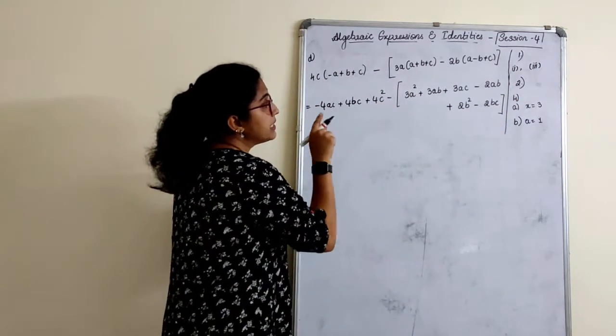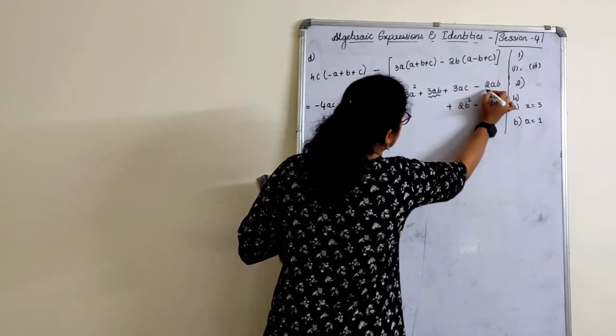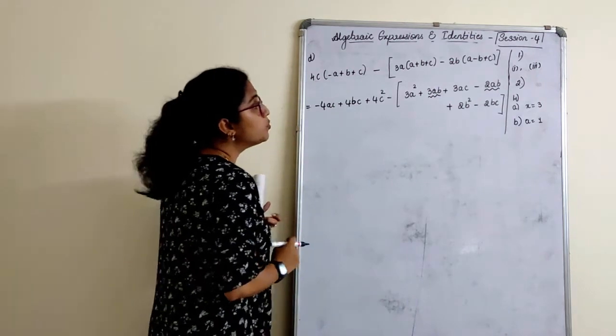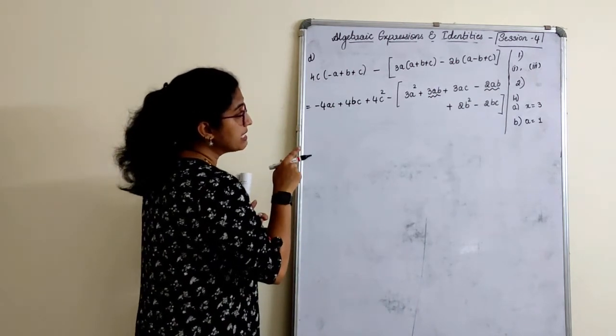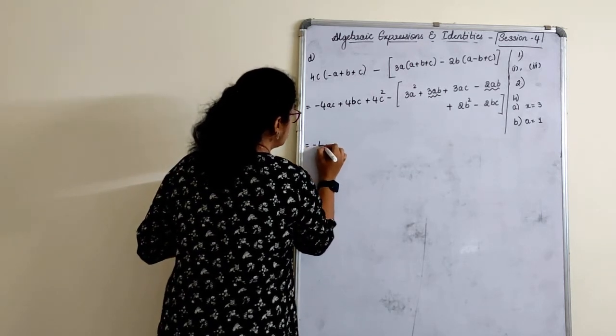Any common terms, anything you can simplify? Simplify here only. Minus 3AB minus 2AB. So AC, A square, B square and BC is not there. Write this term as it is first.